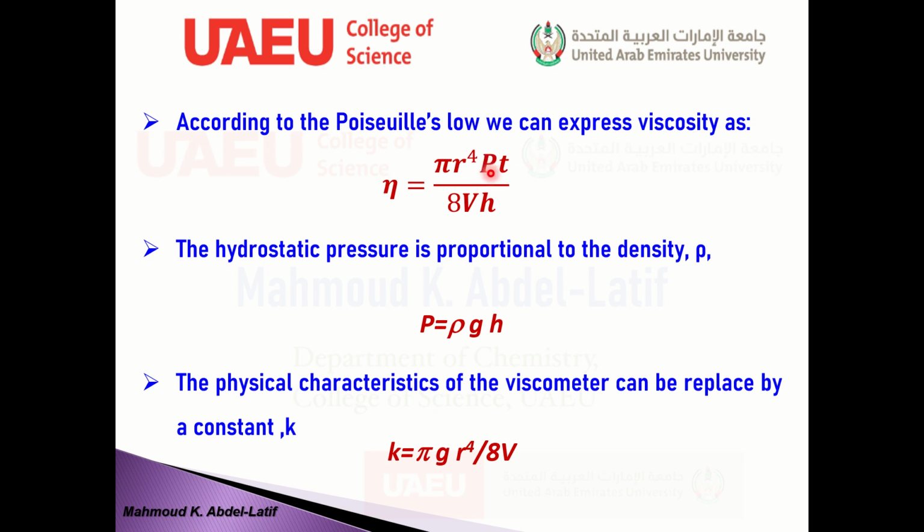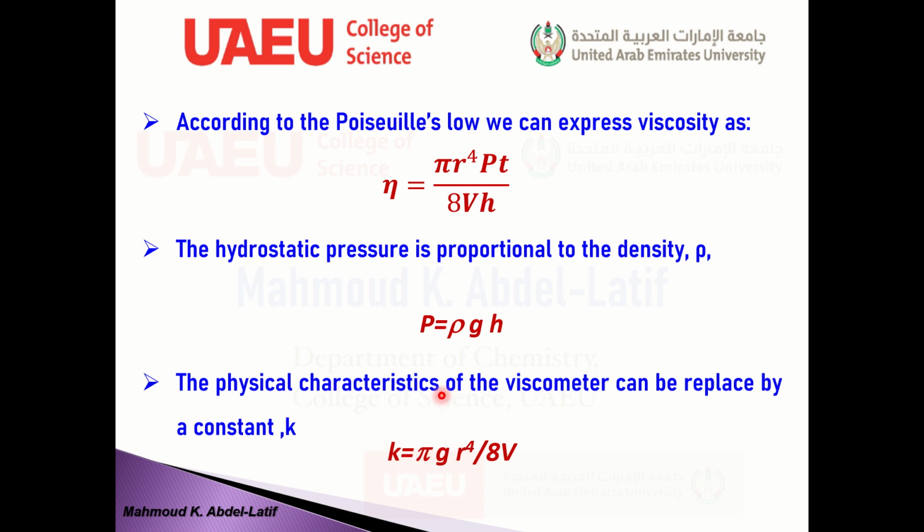We can replace this pressure by rho g h, and if you substitute it in that one, you can end up with this equation. So we can put the capillary parameters, the radius and volume and so on, in one constant.